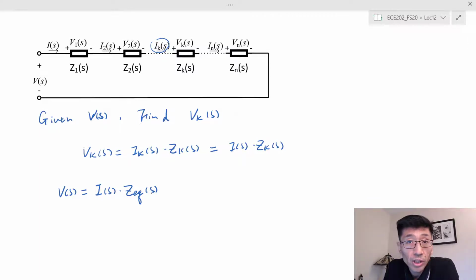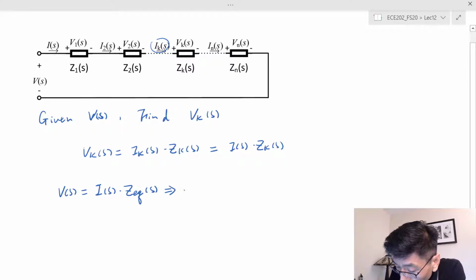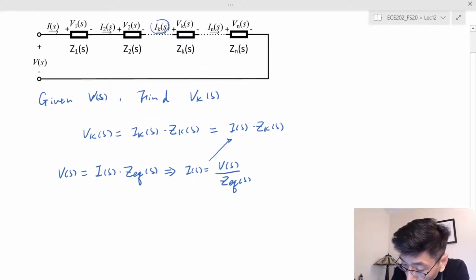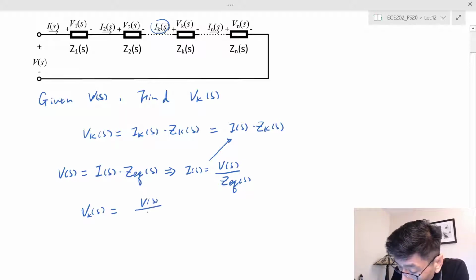We know that's just the sum of all the n impedances, and therefore I sub s is equal to Vs over Z sub eqs. So I can substitute this back, and what I get is V sub ks is equal to Vs over Z eqs times Z sub ks.